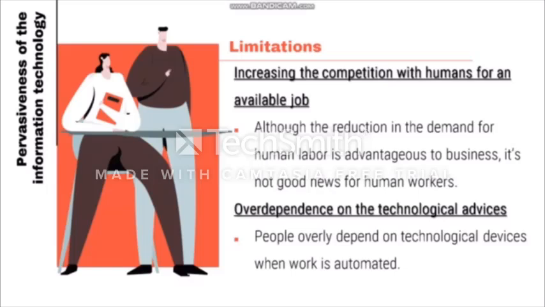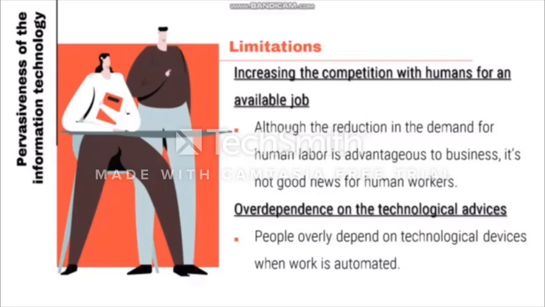And the next one is the overdependence on technological devices. As you know, technological devices can be used to automate complex business processes. That's good for every business.